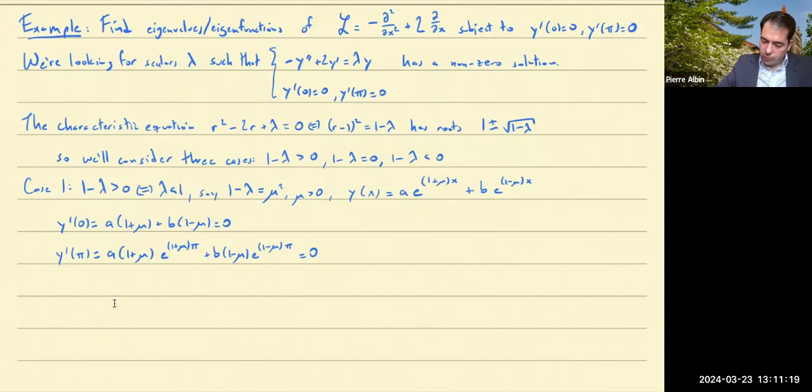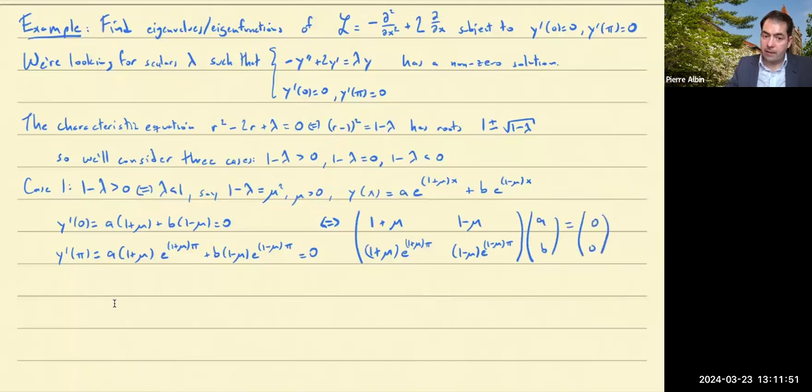Okay. So what we could do here is, well, we could use linear algebra, for example, rewrite this as a matrix-valued coefficient matrix times our unknown vector equal to the 0 vector, right?